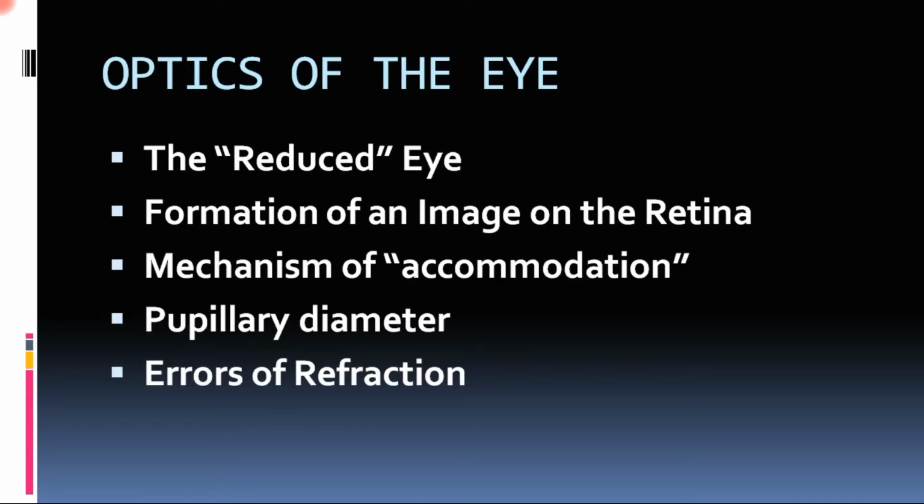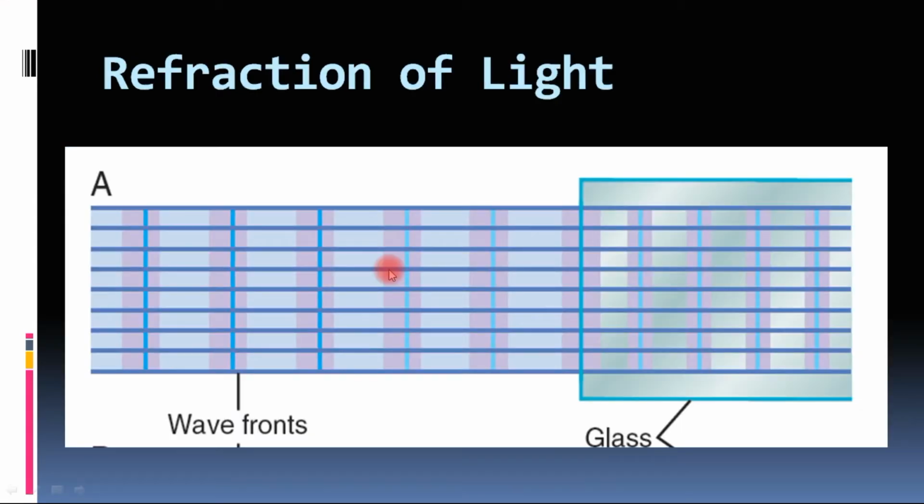Then we'll go to the optics of the eye, in which we will see what is the reduced eye, formation of an image on the retina, what is accommodation, what is the mechanism of accommodation, the pupillary diameter, and at last errors of refraction.